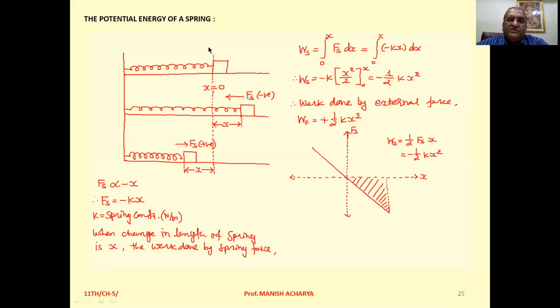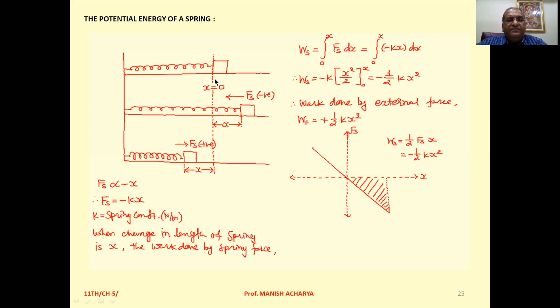Now suppose first we take the spring in its normal condition. See, as shown in this figure, spring is in its normal condition. It implies that spring is not stretched nor compressed.